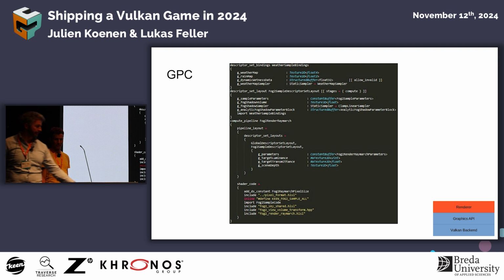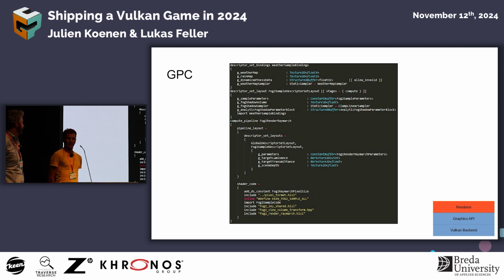And you also had to declare descriptor set layouts and pipeline layouts and everything you need for Vulkan in C++ as well. That became tedious to keep in sync on both sides. And as Julian mentioned, different platforms have different requirements about how bindings are specified. So we designed the GPC language to mitigate all of those problems.